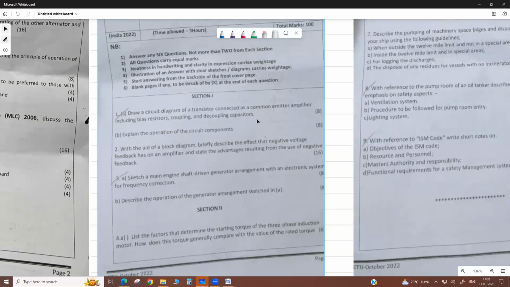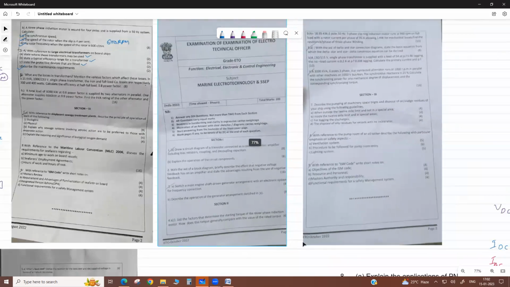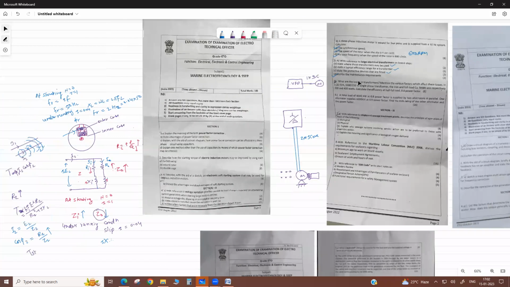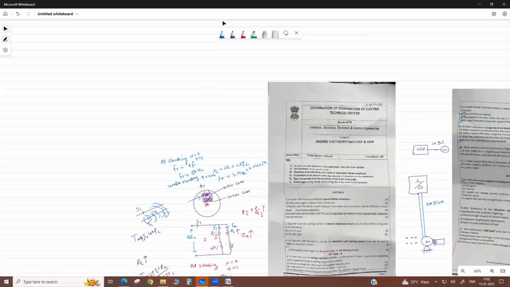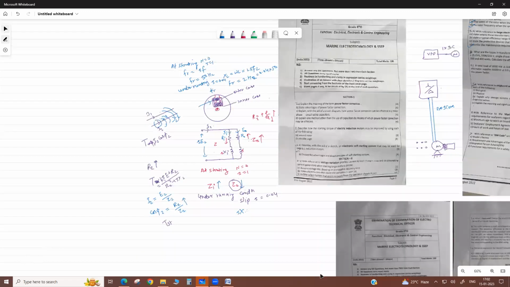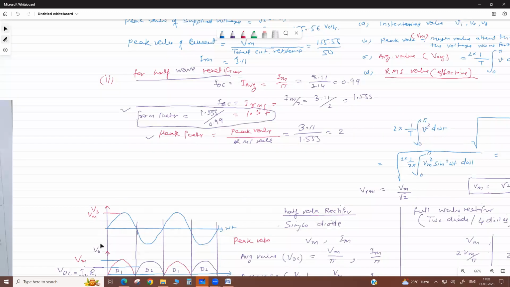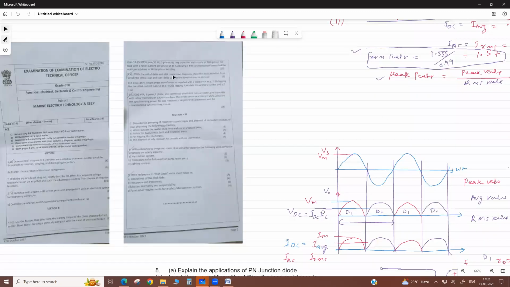Just check in Google or some electronics books, like VK Mehta, where an amplifier with common emitter is given. The same circuit will be there. It is a common emitter only. I draw this amplifier circuit. That is the common emitter only.